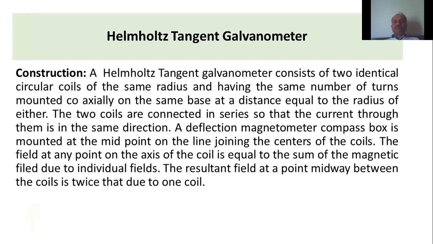Next, we'll go to the Helmholtz tangent galvanometer. Let us see what is the construction. A Helmholtz tangent galvanometer consists of two identical circular coils of the same radius and having the same number of turns mounted coaxially on the same base at a distance equal to the radius of either coil.